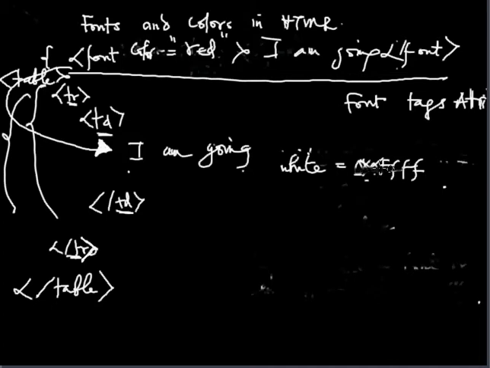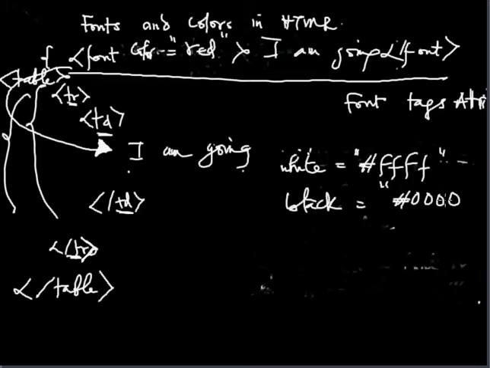So as I was saying the other time, white can be hash FFFFFF. Black is hash 000000, and so on and so forth.